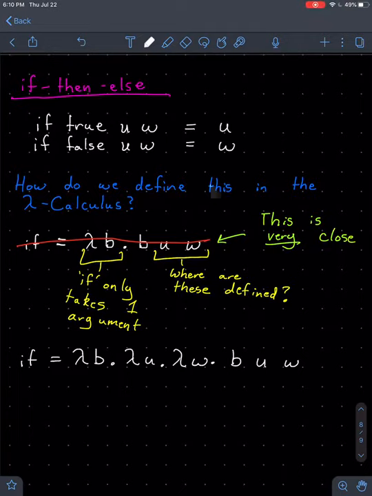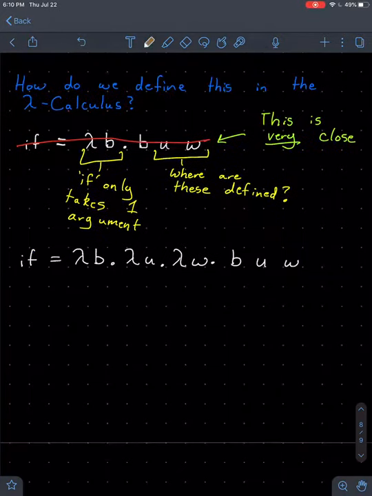Let's test this by applying it. Let's do some examples. So let's do if true, and we'll leave the last two arguments as x and y. And we would expect this to be what? Probably x, the true case.